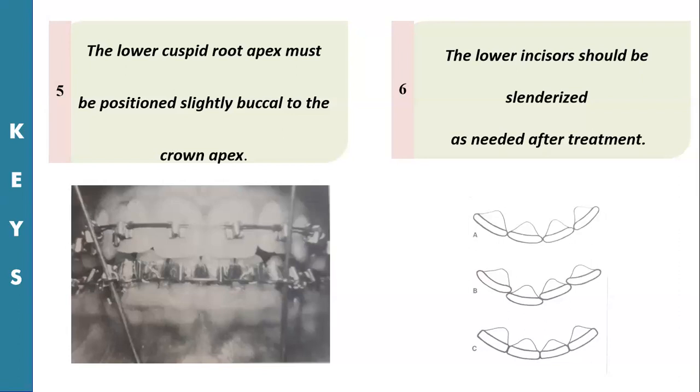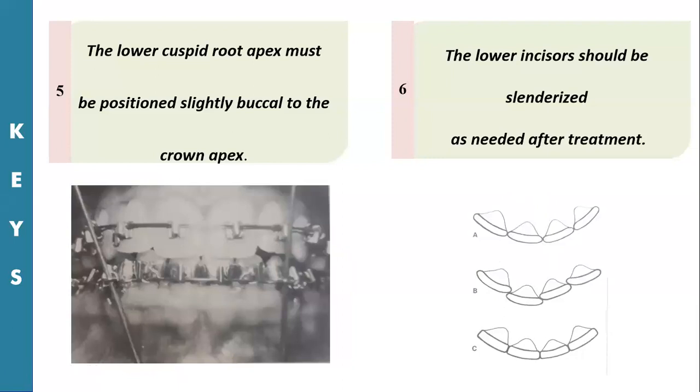Now, I don't know if I mentioned this in the class on methods of gaining space. When the lower incisors are slenderized, basically to maintain the integrity of the arch or the stability of the mandibular arch after treatment, this proximal stripping will be done on opposite corners of the tooth, opposing sides of the tooth.